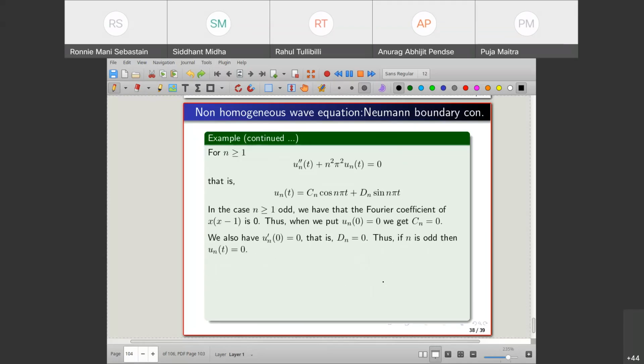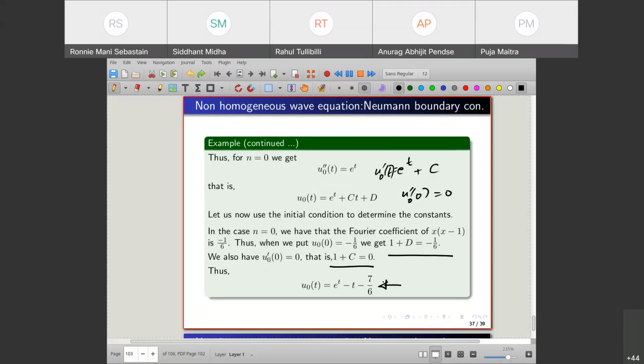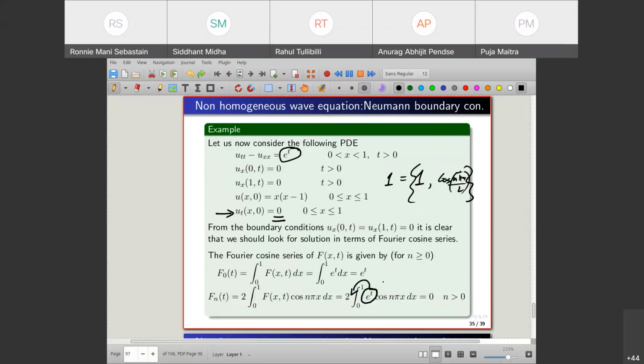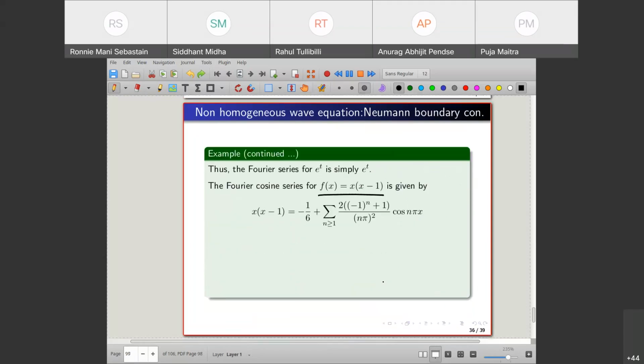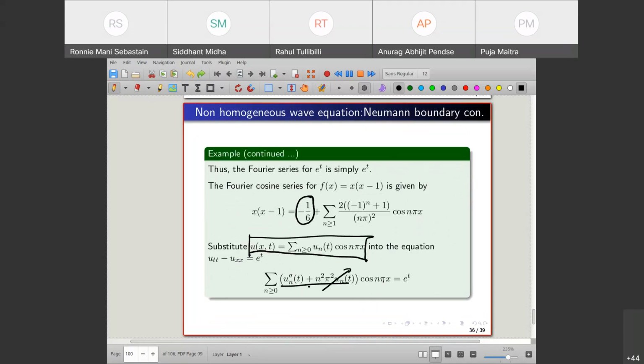Okay. So let's see what happens for n greater than or equal to 1. As I remarked, this function is actually equal to e^t times 1 plus 0 times cos(πx/L), well, L is probably 1, plus 0 times cos(2πx/L), and so on.